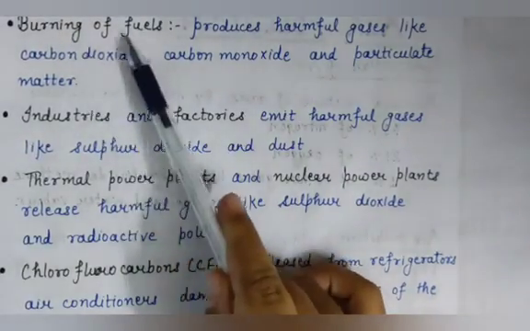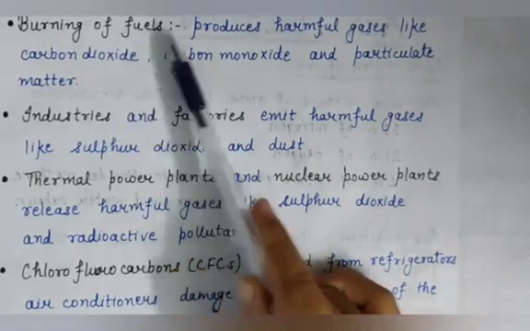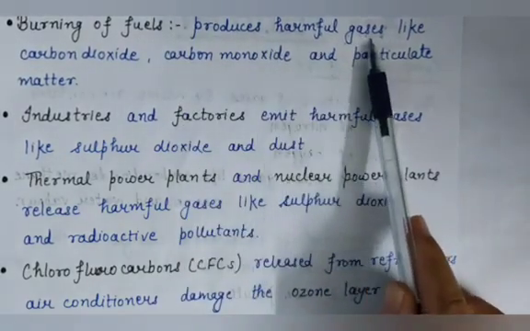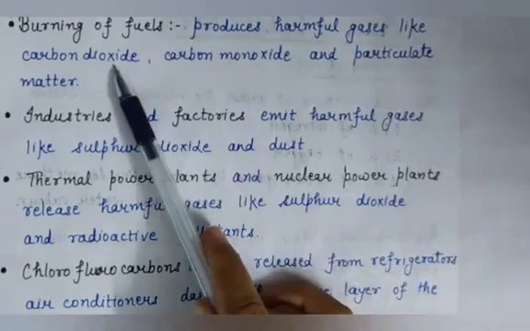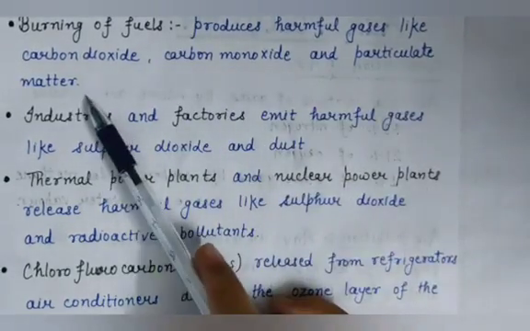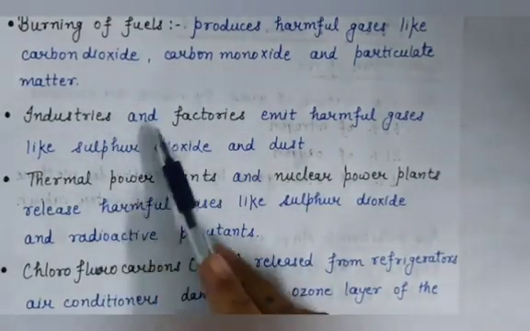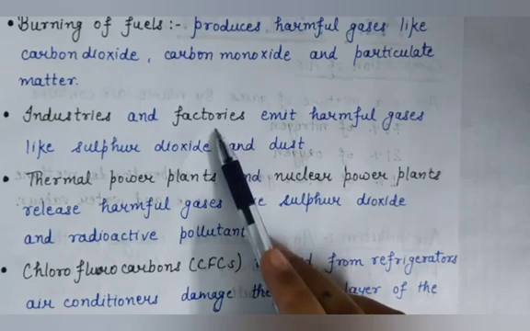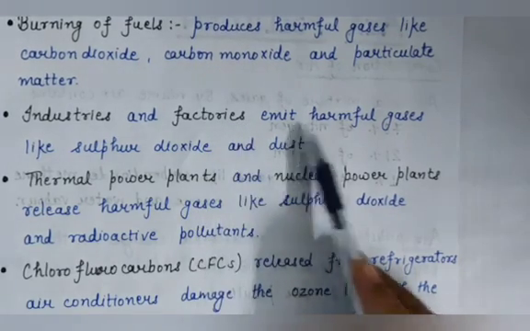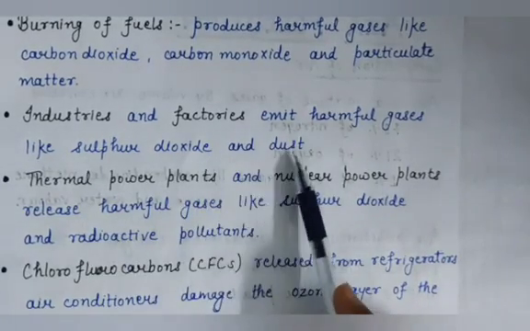Next man-made source is burning of fuels. Means burning of fuels produces harmful gases like carbon dioxide, carbon monoxide and particulate matter. Industries and factories are also responsible for air pollution because they emit harmful gases like sulfur dioxide and dust.